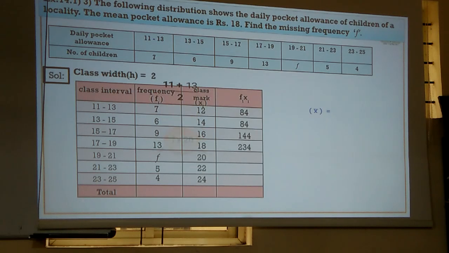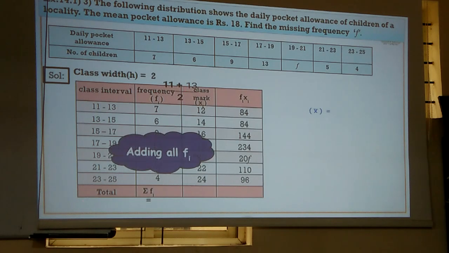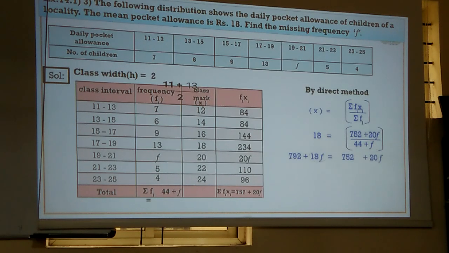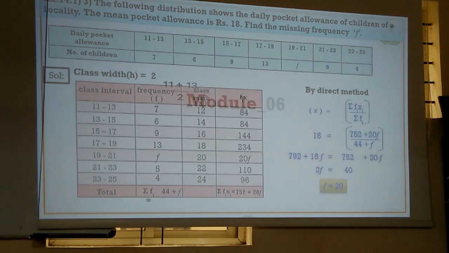You will have a term F over here, 20 F over here. When you add all of these, you get 44 plus F, and 752 plus 20 F. When you divide them using the formula, you get a linear equation in a single variable. Find out the value of F. Simplify. F will be 20.